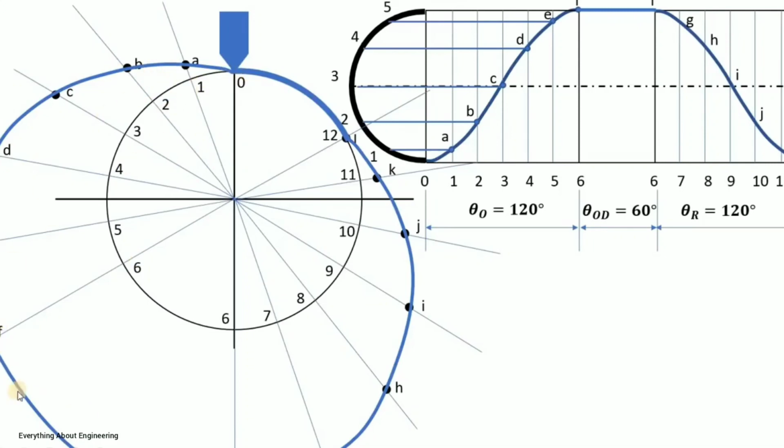Then there is a dwell from F to F, and then from F to this L part, it is nothing but the return stroke, and then there will be a dwell period of 60°. So that will complete our cam profile. In this way, we can draw a cam profile in case of a knife edge follower having simple harmonic motion during the outstroke as well as during the return stroke. Thank you very much for watching.